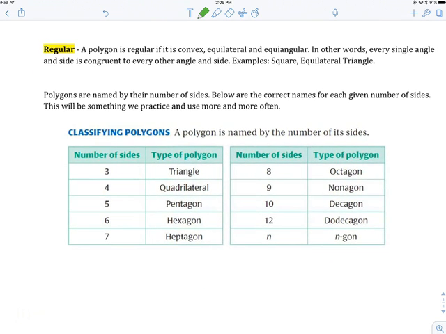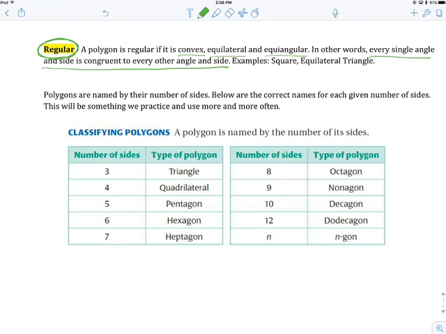So we use two types of classifications. One, we can use the word regular to mean very specially it is convex, equilateral, and equiangular. In other words, every single angle and side is congruent to every other angle and side.